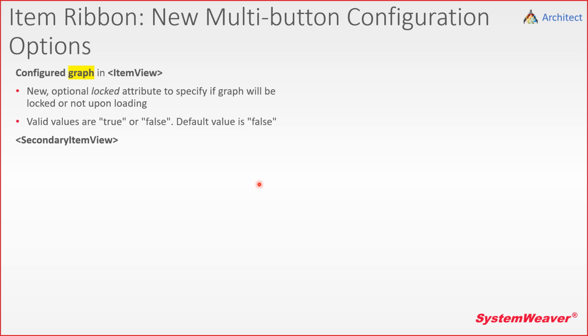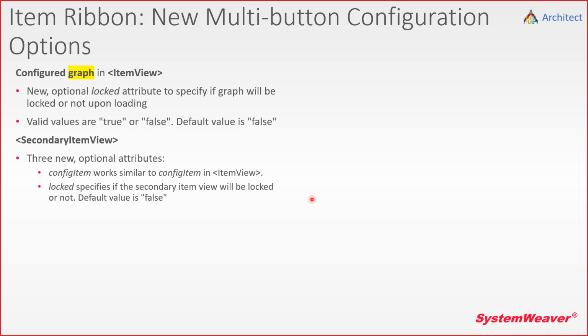And if you have a secondary item view in your multi-button, there are 3 new optional attributes. Config item, which is actually not new, but it's new within this use case. So it works similar to the existing functionality in item view. You can lock your secondary item view. True is locked, false not.